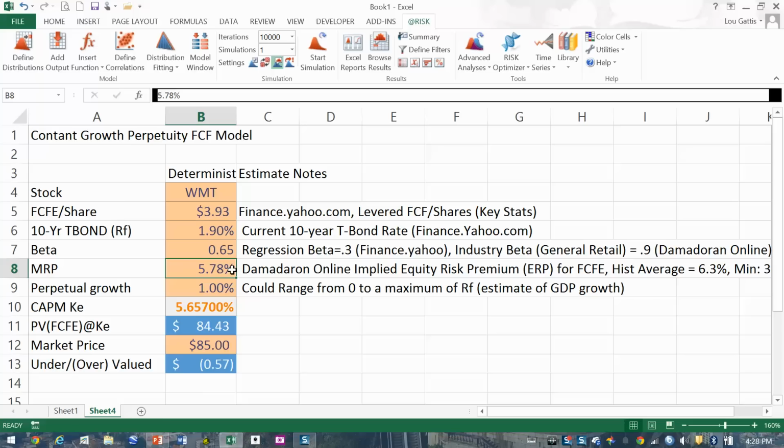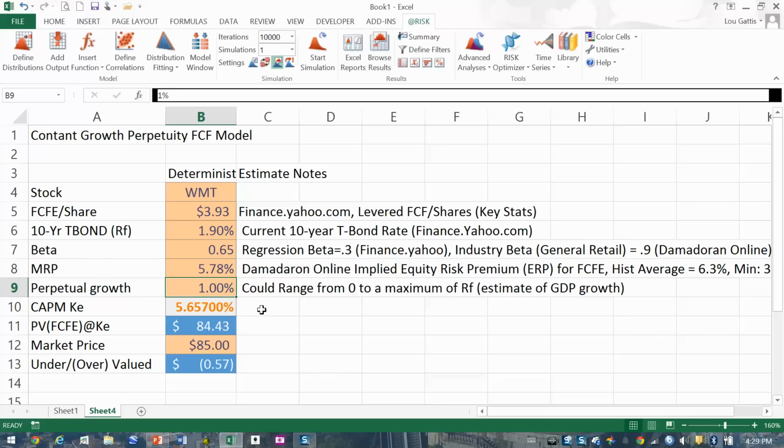Every year he looks at the current value of the S&P 500, has the forecasted cash flows of the S&P 500 stocks, and then calculates a simple growth model, DCF, and tries to figure out what discount rate will equate the present value of the cash flows to the current value of the S&P 500 at the beginning of the year. Once he gets that discount rate, you can subtract off the 10-year Treasury, and that's the implied risk premium. I'm going to use his, 5.78.